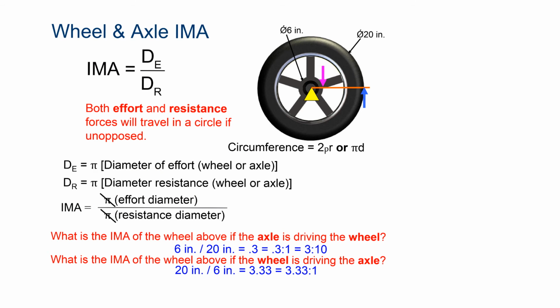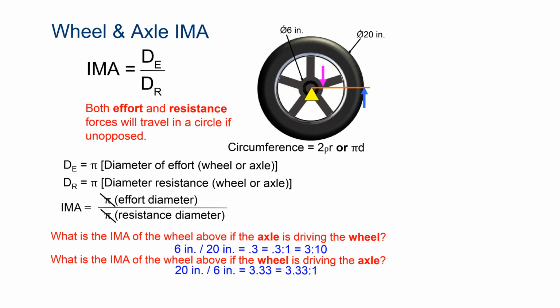So wheel and axle, IMA, ideal mechanical advantage, is effort distance over resistance distance. So we've got 6 inches for the axle radius and 20 inches for the radius of the wheel.